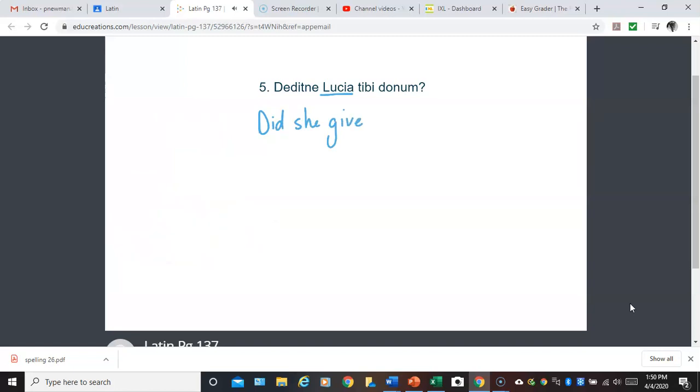And pretty easy. We know that Lucia is Lucy. Write this down. And then last we have tibi donum. Now donum, because of that ending, you know, is your direct object, and it's in the accusative case. So it is receiving the action. That's what's being given.